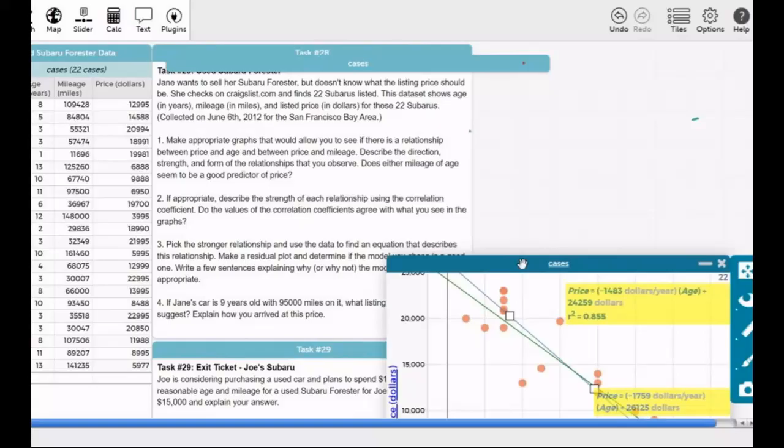Make appropriate graphs that would allow you to see if there is a relationship between price and age, between price and mileage. Describe the direction, strength, and form of the relationships you observe. Does either mileage or age seem to be a good predictor of price? Well, they both are, okay?